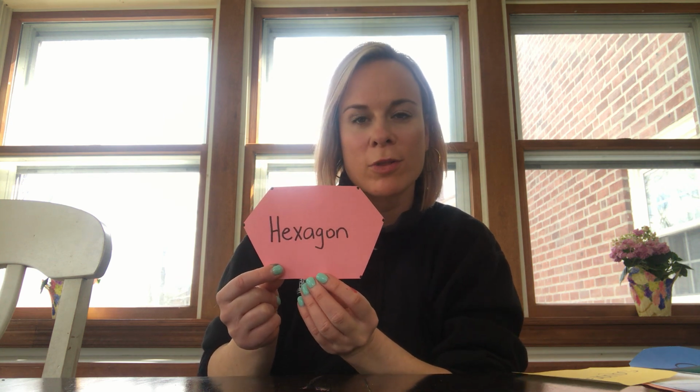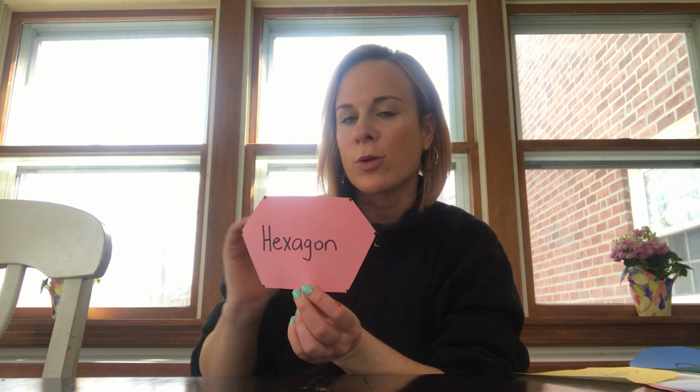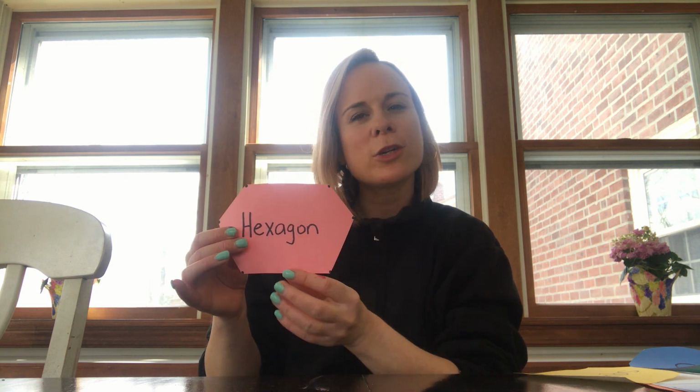All right, so we know that this shape has 6 vertices. How many sides does it have, or lines? Will you count with me? 1, 2, 3, 4, 5, 6. What shape is this, boys and girls? Can you whisper it to me? Did you get it? It's a hexagon.